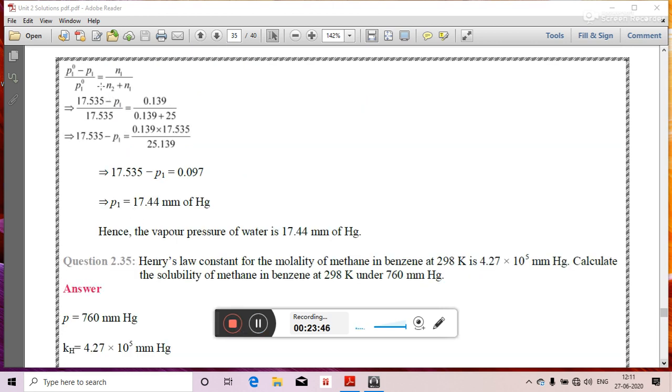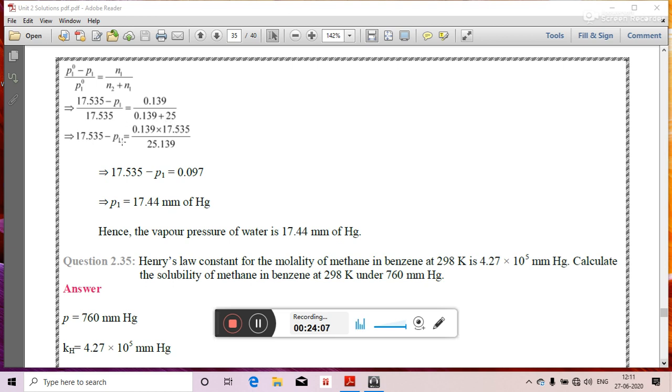Now applying Raoult's law, P1 naught minus P1 upon P1 naught equal to N2 upon N2 plus N1. So that is equal to 17.535 minus P1 upon 17.535 equal to 0.139 divided by 0.139 plus 25.